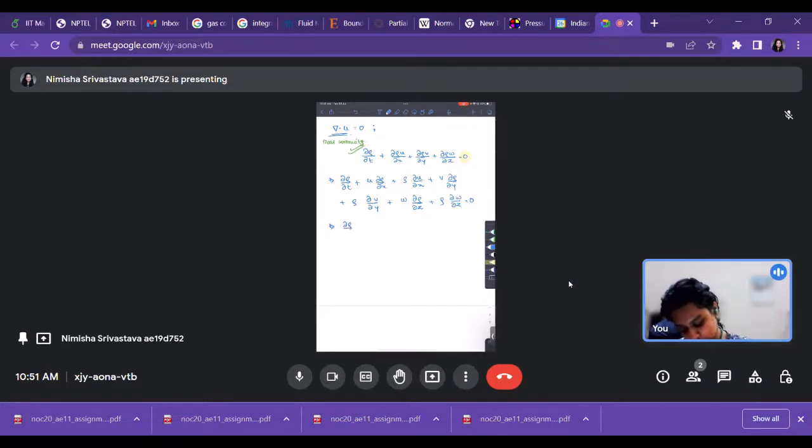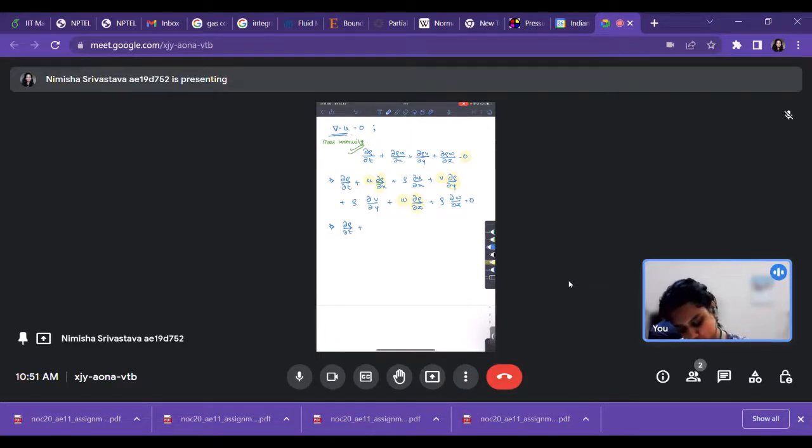So let's group them. I see over here that these are my velocity components, and these are the components of the gradient of my density.